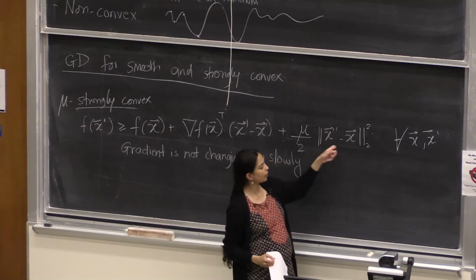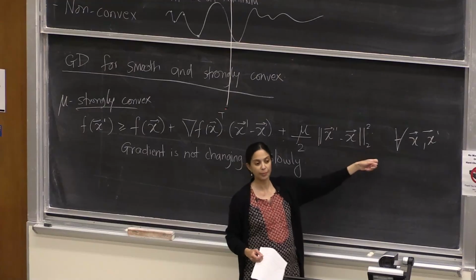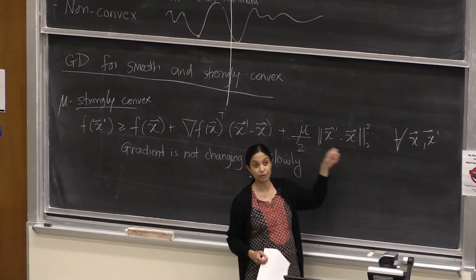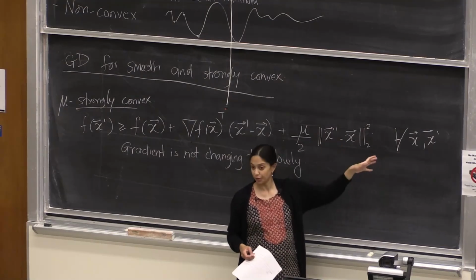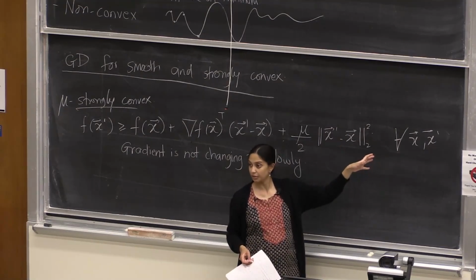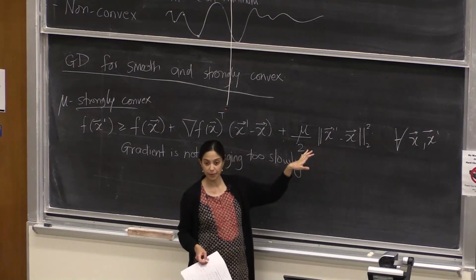I would have x prime minus x transpose times the Hessian times x prime minus x, right? Does everyone see that? That would be the term I would get for the Taylor series.